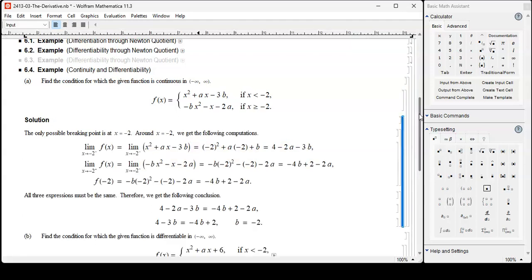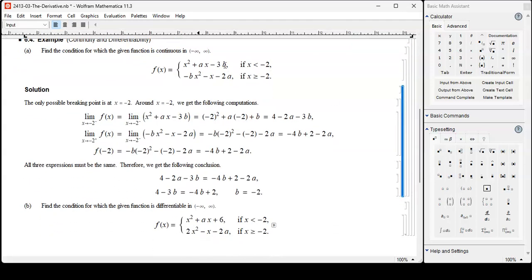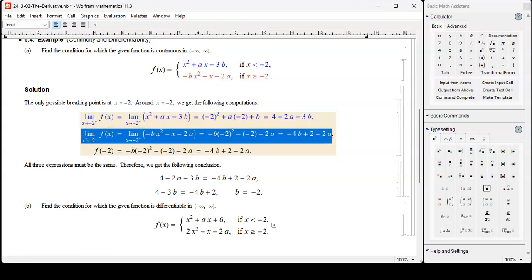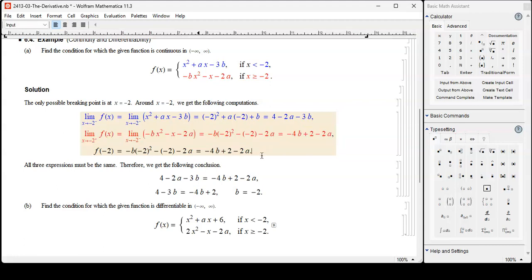Let's go back to the previous problem. You see, the first line blue and the second line red. When x is less than -2, and greater than or equal to -2, let's see. This one here uses the first line, and this one here, the second line, and the function value is going to be one of those two, so it doesn't really matter.